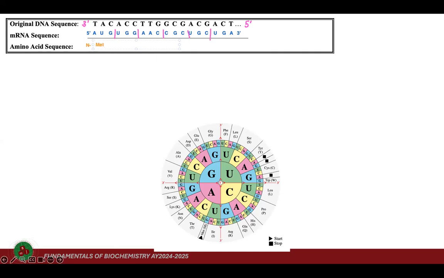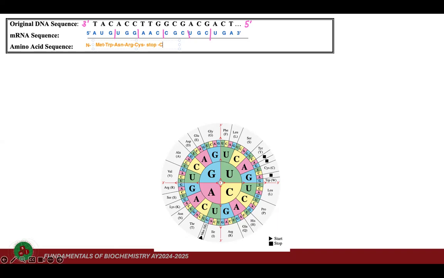Of course, the first is methionine, and then we have UGG, which is a tryptophan, and then AAC, which is an asparagine, and then CGC, which is an arginine, and UGC, that's a cysteine, and of course we have a stop codon.